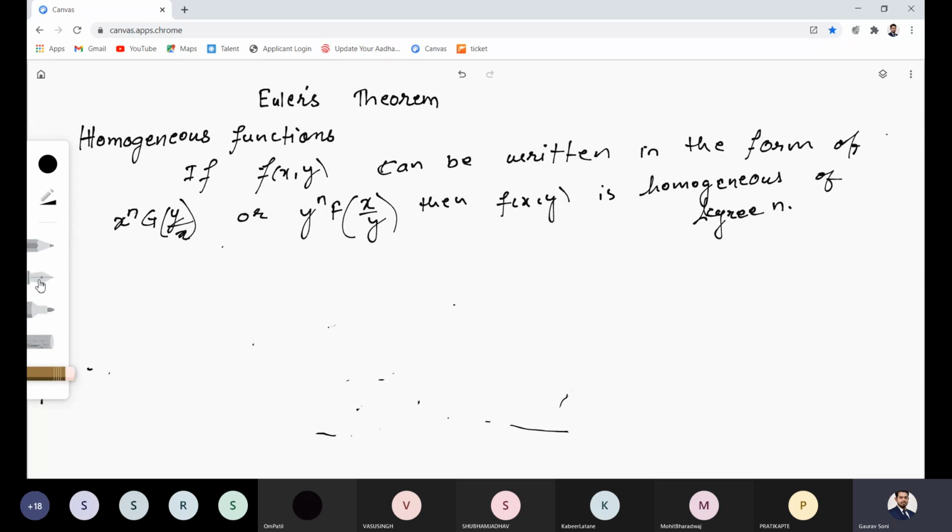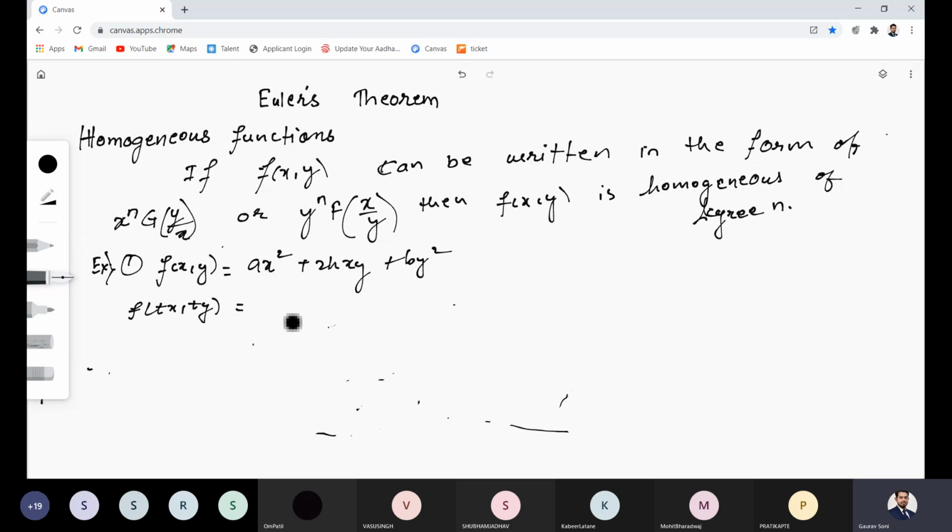So example number one, the same one which we started with, f of x comma y is equal to ax square plus 2hxy plus by square. So consider f of tx comma ty. So this is equal to a into tx whole square plus 2h in bracket tx ty plus b ty whole square.